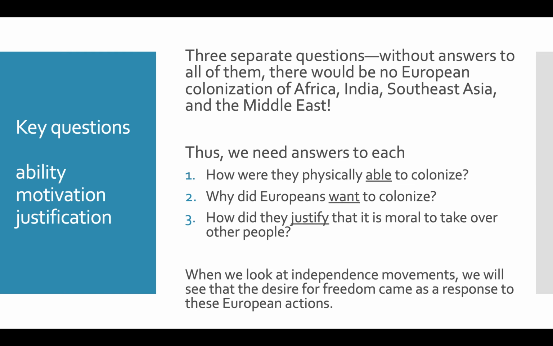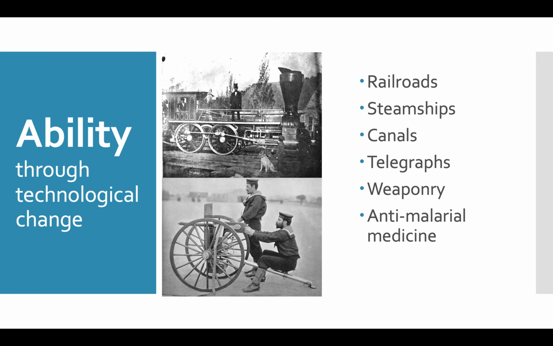And when we look at independence movements, we'll find that the desire for freedom came in response to these European actions. This lecture is focusing just on ability. The most obvious is technology, and we'll see that these technological cases that we see at right can be disaggregated or sorted into a few different kinds of technology.